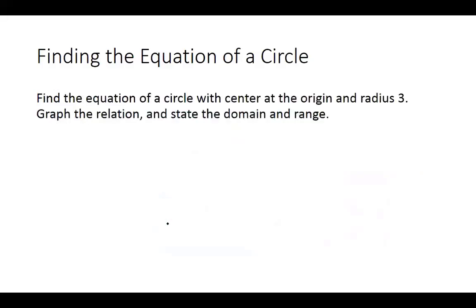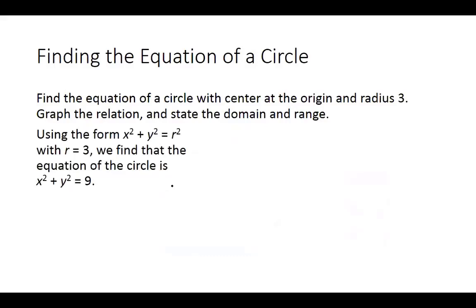Find the equation of the circle with center at the origin and the radius being 3. We want to graph and find the range and domain. Since it says the center is at the origin, we're going to start with the equation of the circle, which is x squared plus y squared is equal to r squared. And we're going to substitute the values there. r is 3.